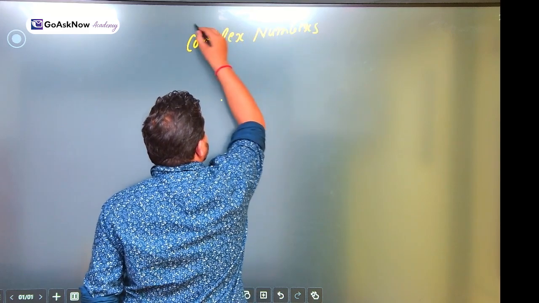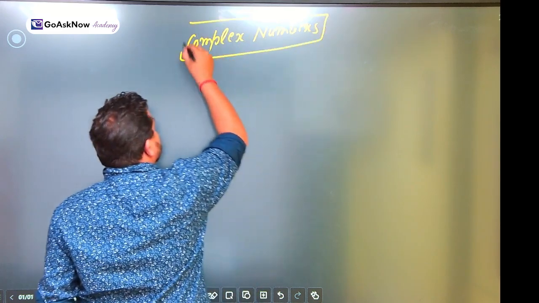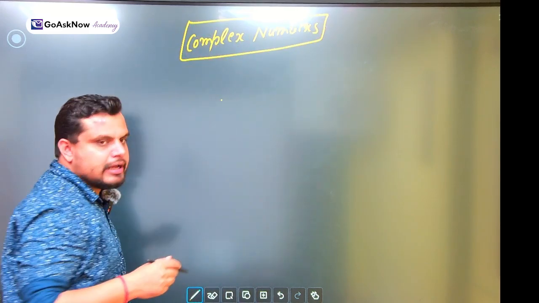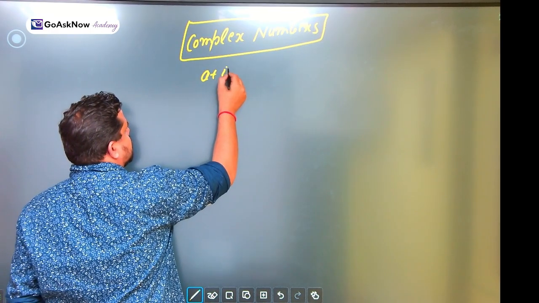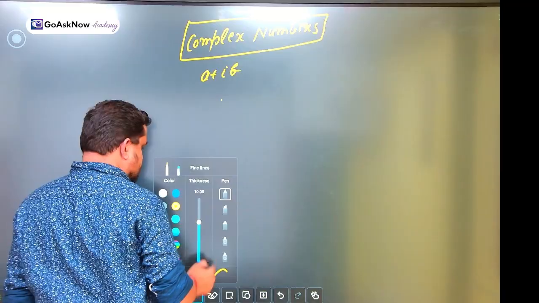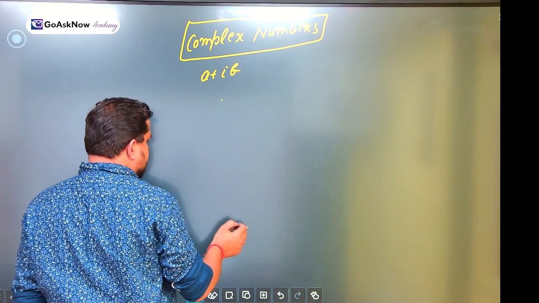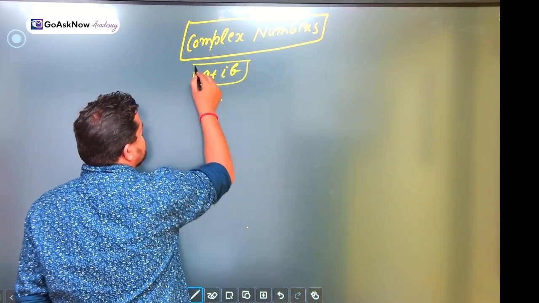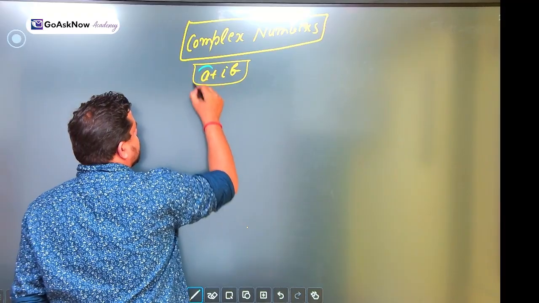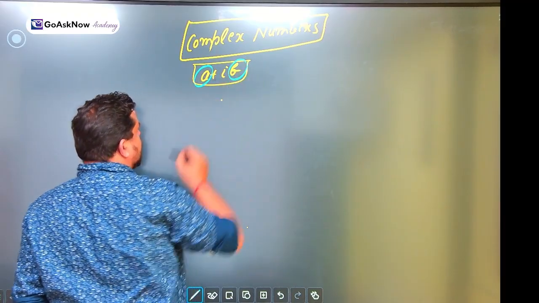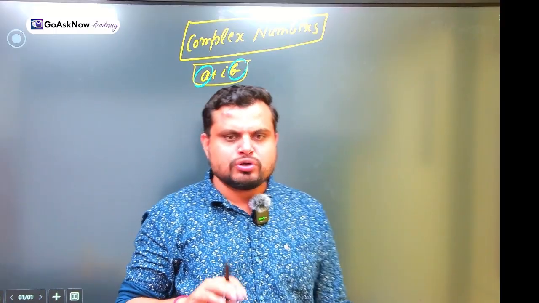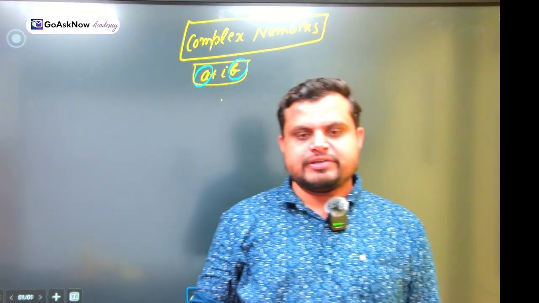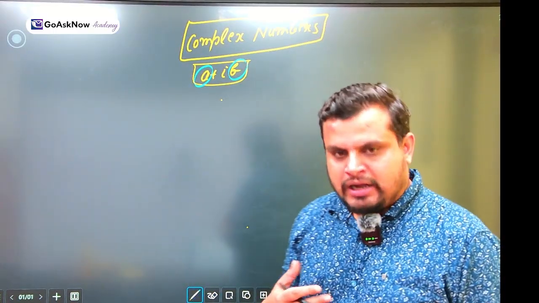Complex numbers are numbers of the type a plus ib, where the a part is called the real part and the b part is called the imaginary part. This is not in your syllabus right now. We will discuss it at higher levels.